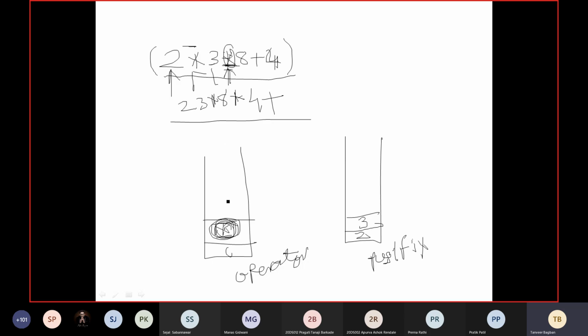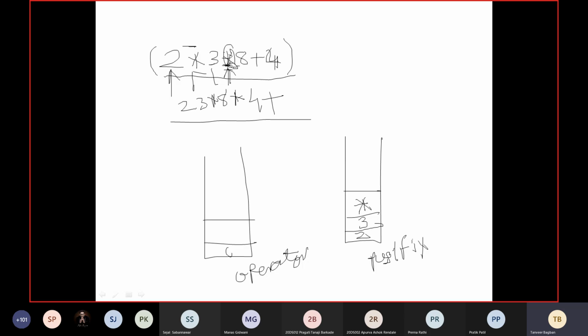So in that situation, what you do is pop this multiplication and push it over here in the postfix stack. Now after that, this becomes empty. So that priority checking is done.